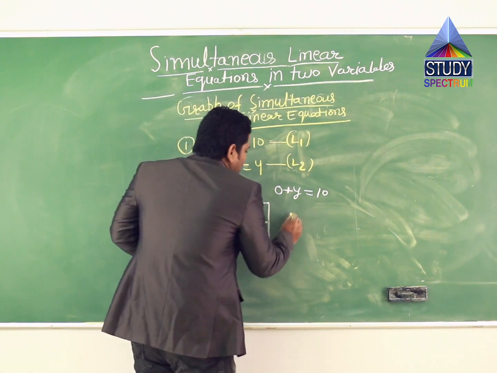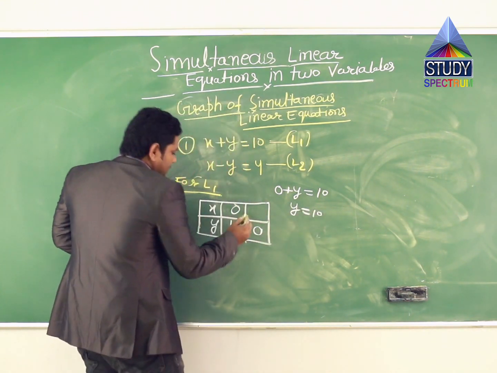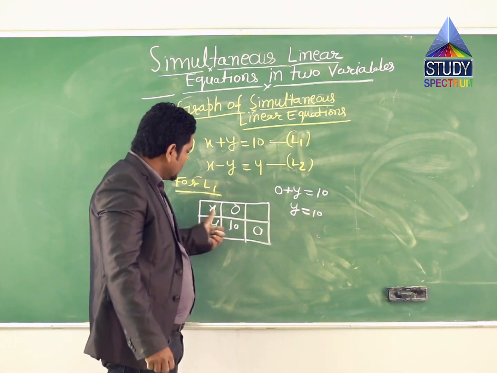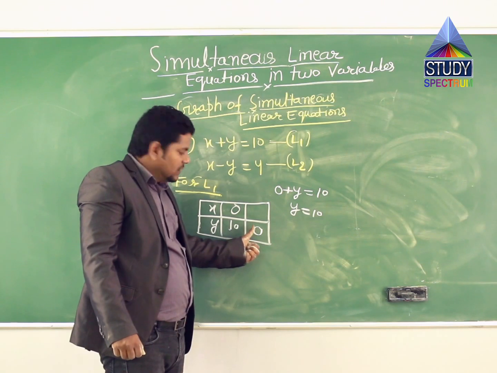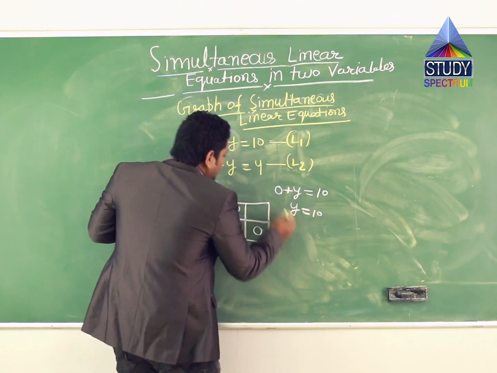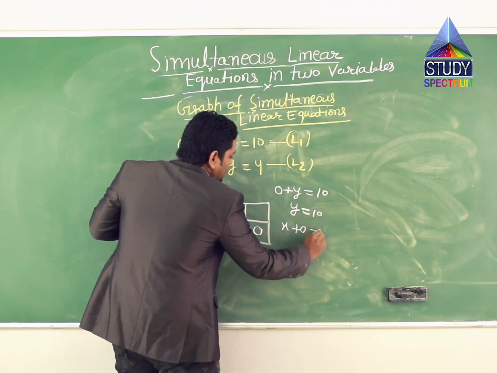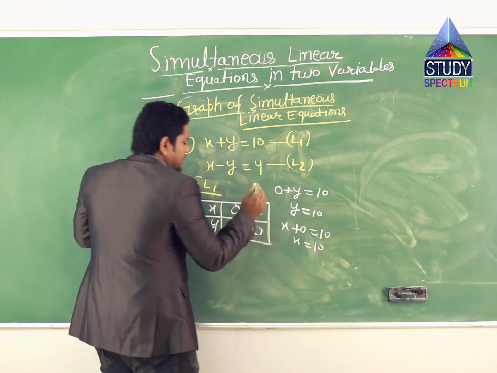So 0 plus y equal to 10, so y equal to 10. Now for getting the second point, we substitute y equal to 0. So x plus 0 equal to 10, so x equal to 10. Okay.